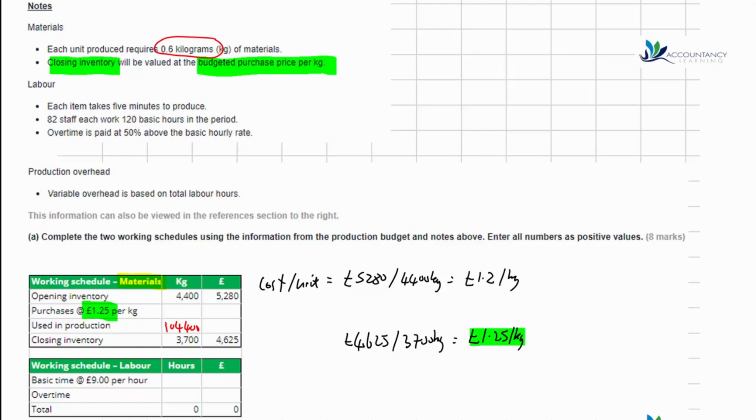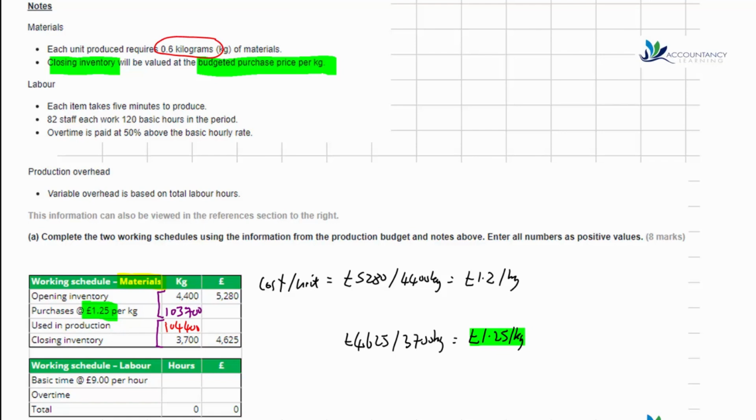So what that is telling us is that the total of our opening inventory plus our purchases must be the same as how much we used and how much inventory was left over. So if we add together the 104,400 and the 3,700, and then we deduct from that the 4,400 that was in the opening inventory, that tells us that we must have purchased 103,700 kilograms during the year.